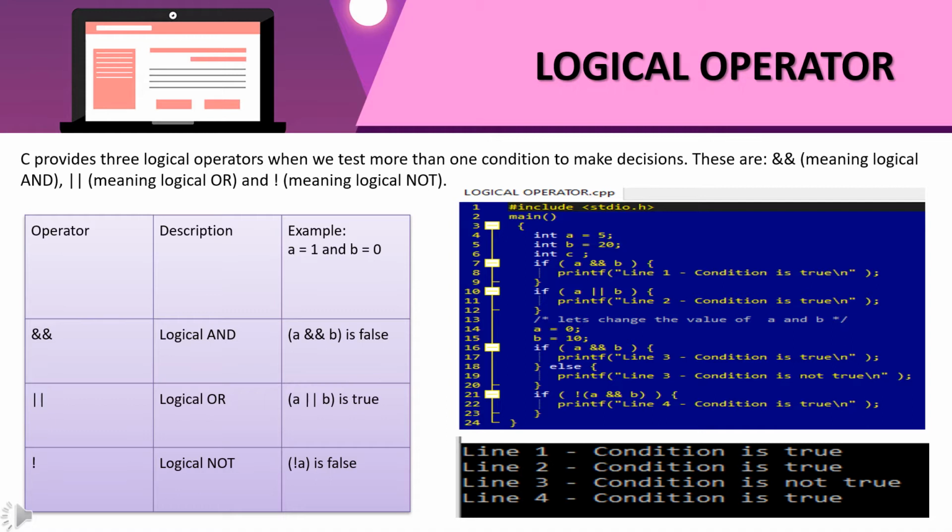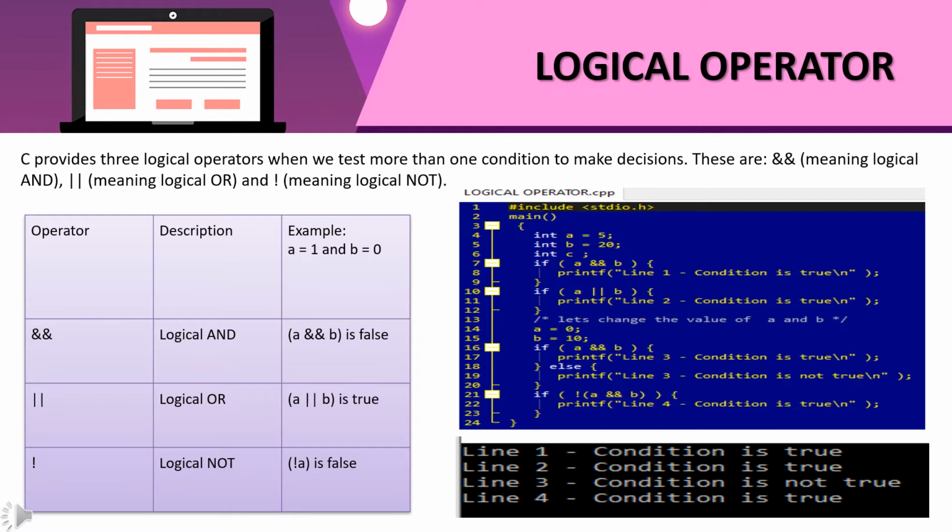Now in this program we have taken A equal to 5 and B equal to 20. So A logical AND B gives us true, and for A logical OR B, the output also gives us true.